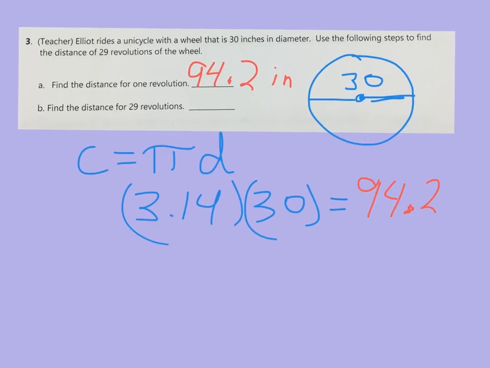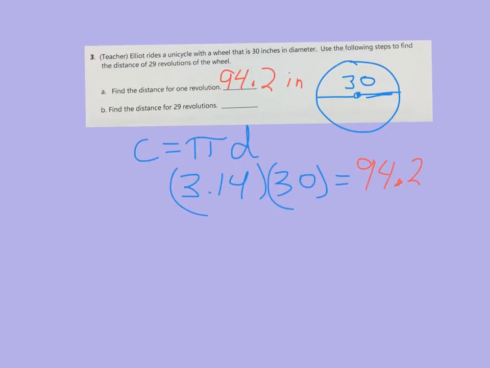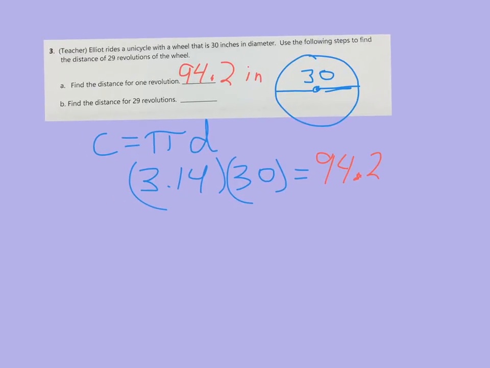We found that was 94.2, so that's our circumference of one time around the wheel.